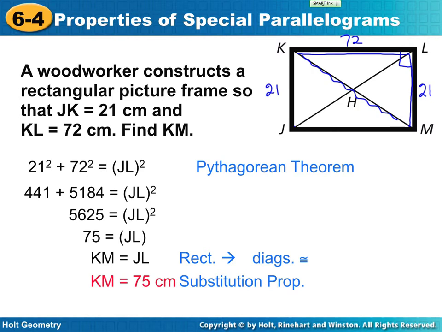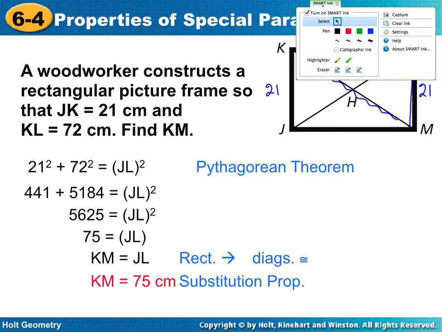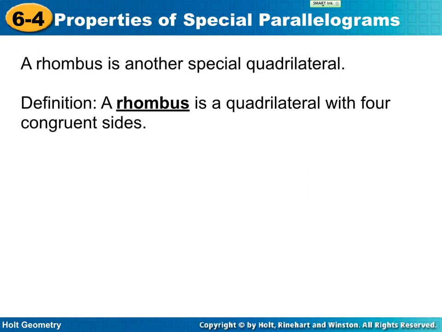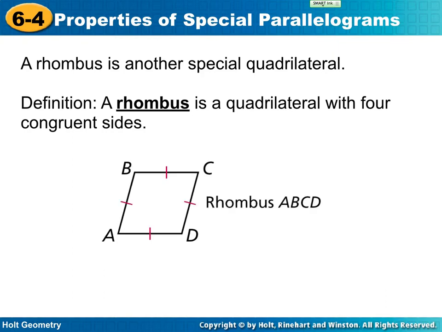Okay, question on that one? Pythagorean theorem? Okay, rhombus, definition. Rhombus is the one that you weren't as familiar with. We're calling it a diamond shape. The rhombus is a quadrilateral with 4 congruent sides.